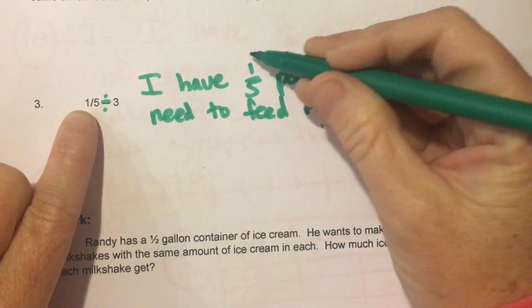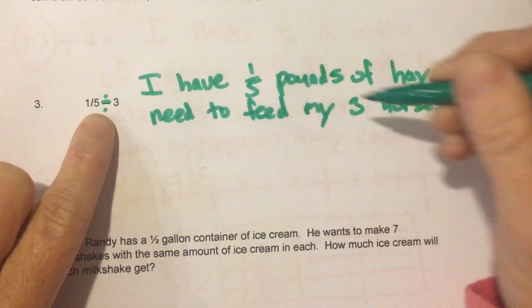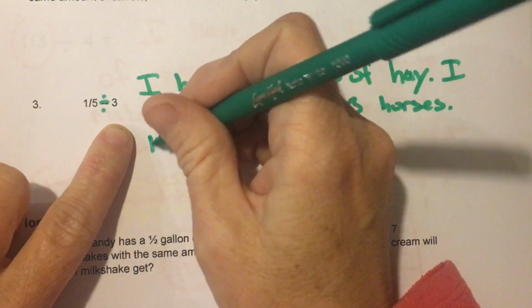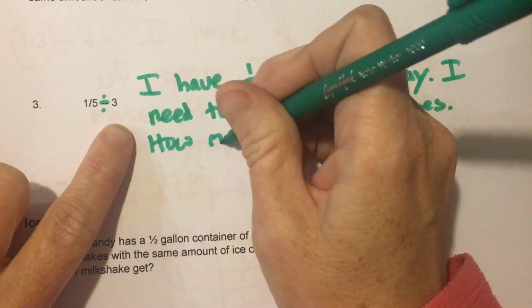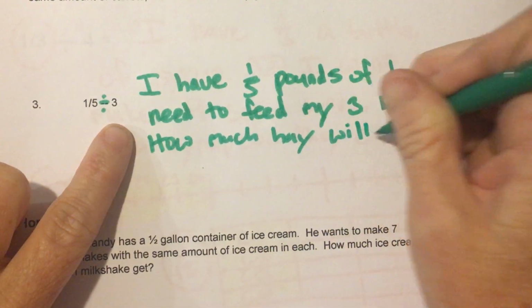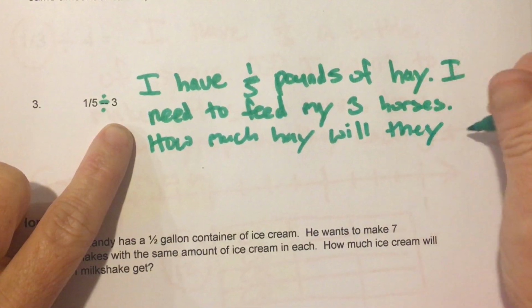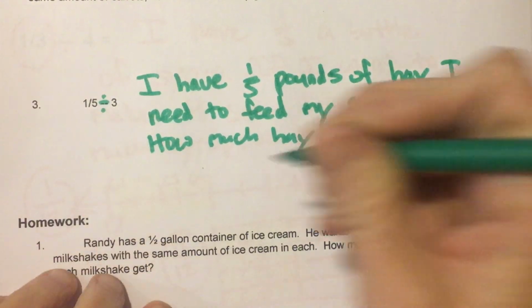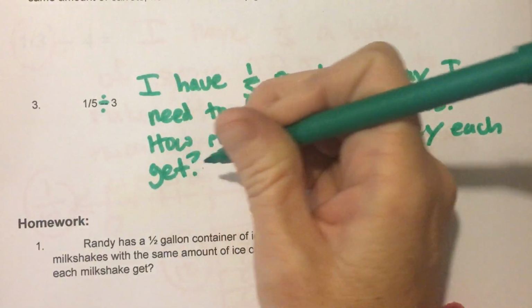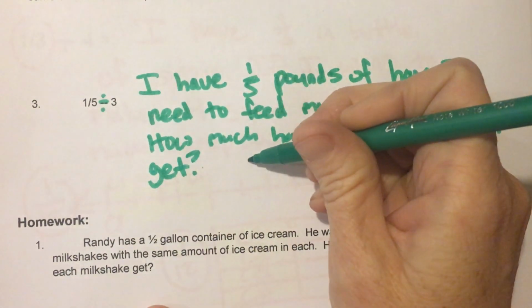Because I need to take my 1/5 a pound of hay and divide it into 3. So I'm going to divide it in my 3 horses. How much hay will they each get? Question mark.